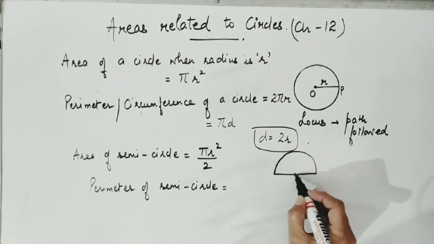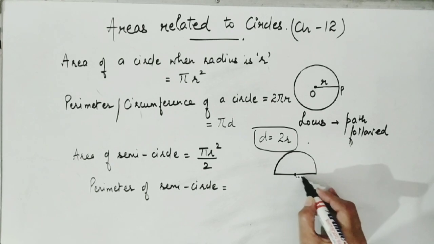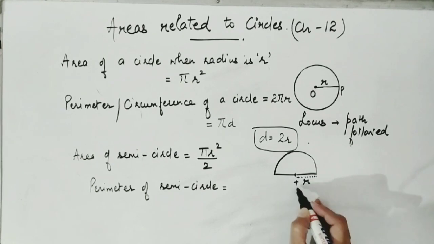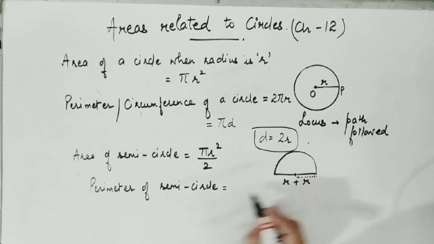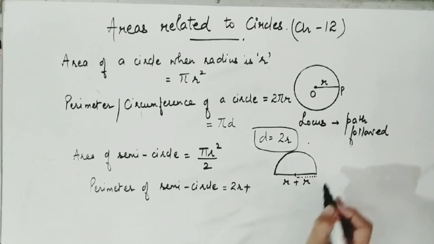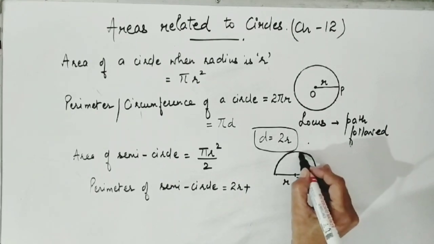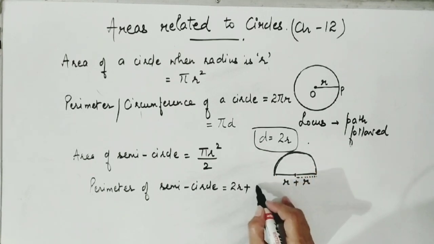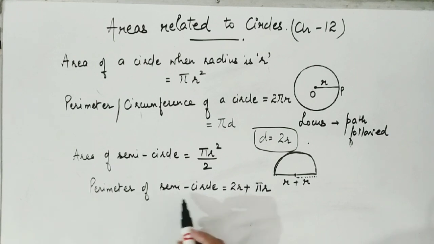Perimeter means a person starts from here, he has to cover this region, r units from here, r units from here, so r plus r makes it 2r, and then comes this semi-circumference, which is pi r. So perimeter of semicircle will be pi r added to twice of r.